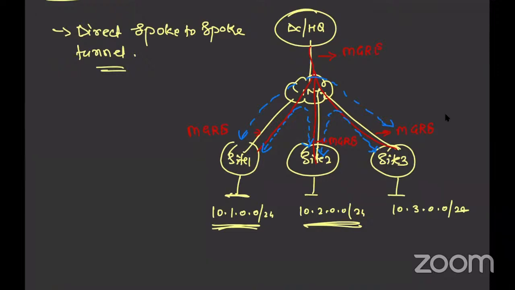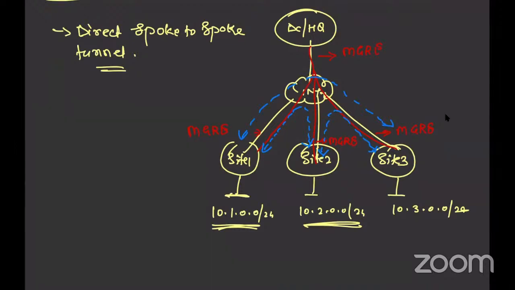EIGRP changes the next hop by default. So you don't want to change the next hop, because if site 2, for example, sends the update to the data center and the data center changes the next hop to itself, then the traffic will go via the data center, because site 1 will send the traffic it gets over the overlay. So there is one extra command that you need to give so that your data center will not change the next hop.